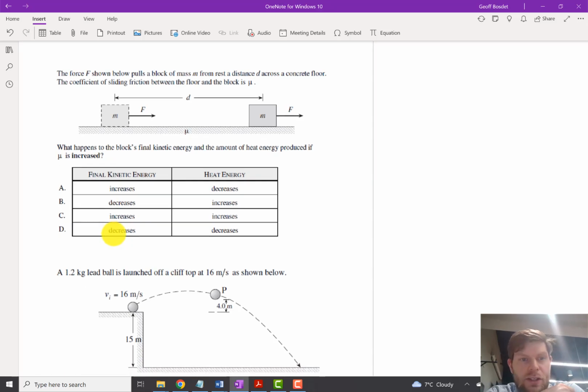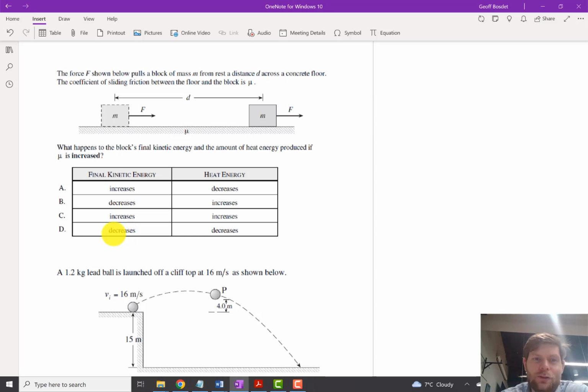Next, we've got this one here. What's going on? We're going to find what happens to the block's final kinetic energy and the amount of heat energy if the coefficient is increased. If the coefficient is increased, there's more friction, and it's over the same distance. Really, you should just know this.